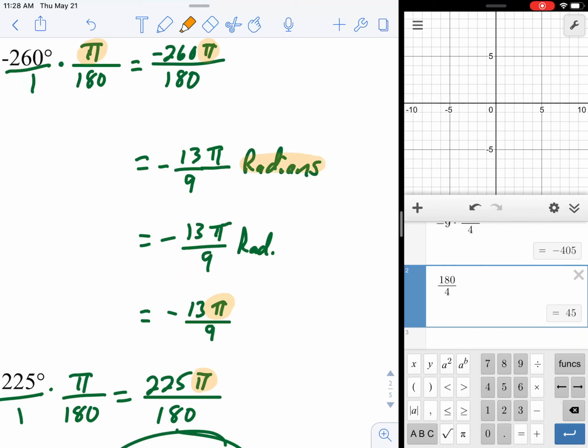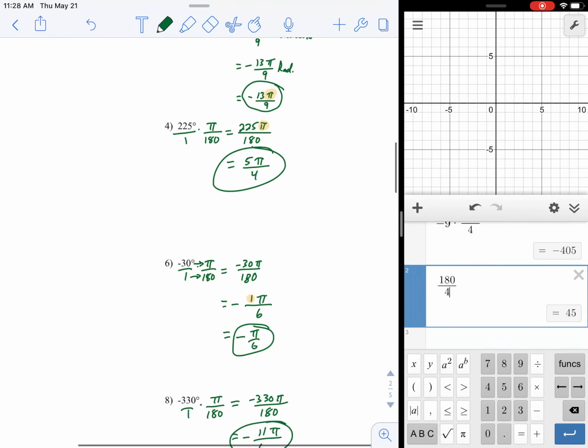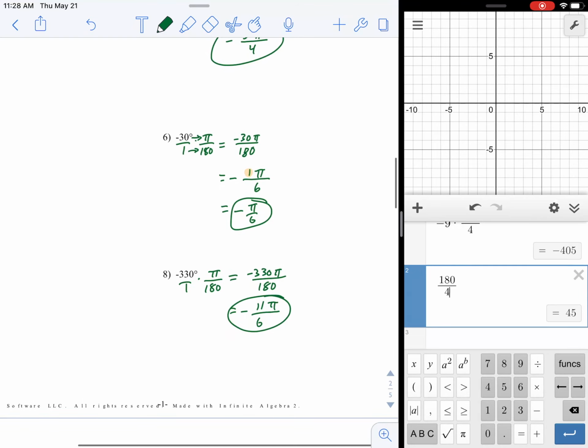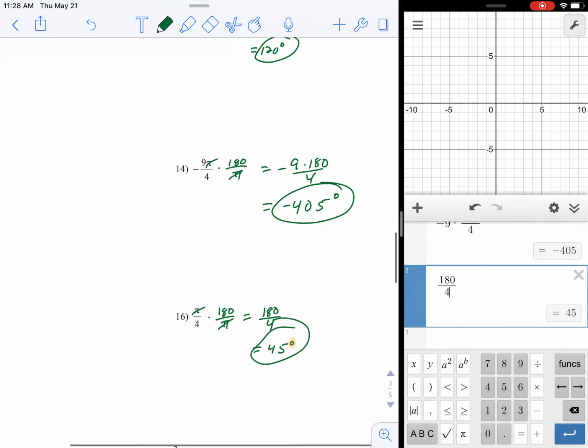So what happens is people just stop using the radian label over time to where it's just not really done at all anymore. So with these answers, you don't have to put a label. The presence of the pi symbol implies that it's in radians anyway, so you just leave the answer like that. Down here, you are supposed to put the degree on every answer, otherwise it's just some number.